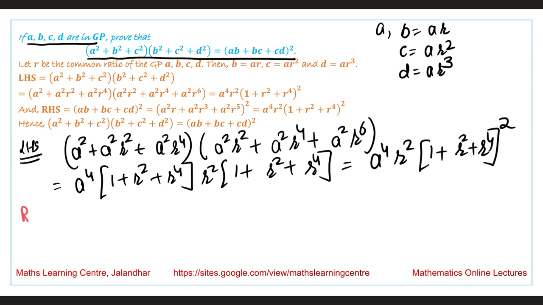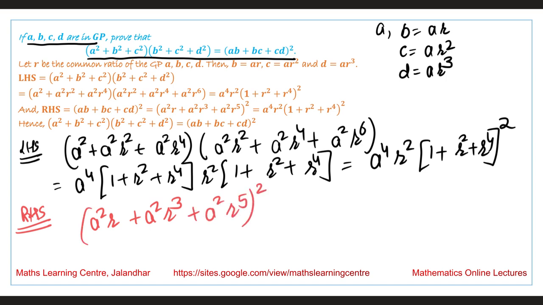Now when we are talking about the right hand side, it is AB, that is A square R, then BC, it is A square R cube, and then CD, it is A square R raised to the power 5, and it is whole square.